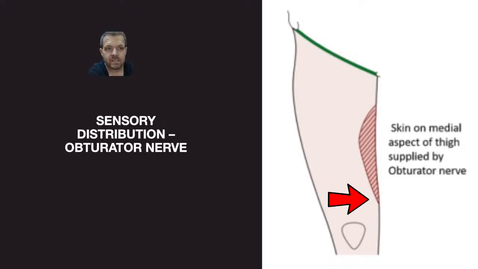All we would do is say what our findings are, because there's 100 different reasons why someone would lose sensation in a nerve. And again, we'll look at the pathology once we've looked at the anatomy. So the sensory distribution of the obturator nerve is your inner thigh.